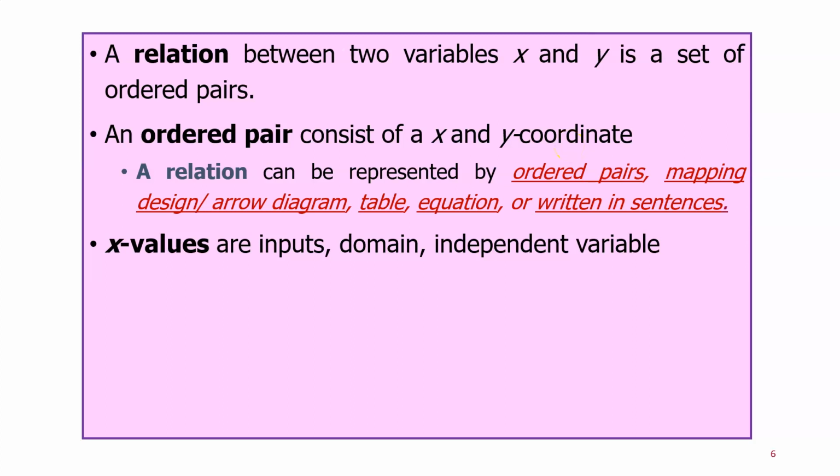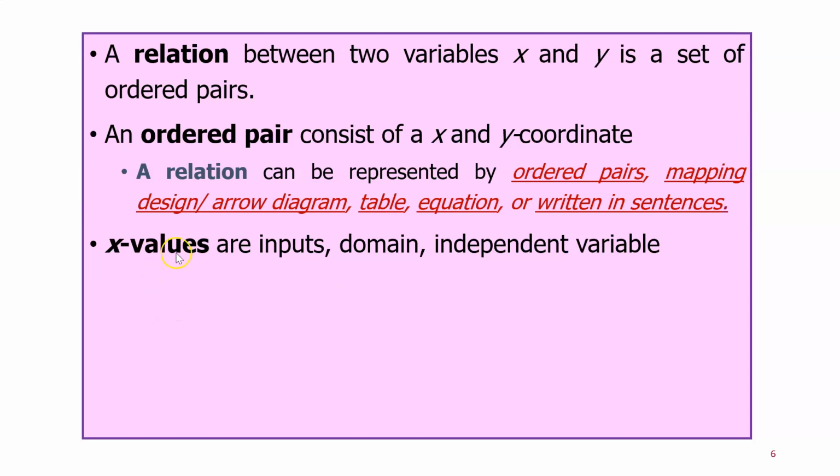Dalam satu pasangan pair tu, kita ada x and y coordinate. A relation can be represented by ordered pairs, mapping diagram, or arrow diagram, or table, equation, or written in sentences. So we will see this later on to see clearly what a relation looks like.